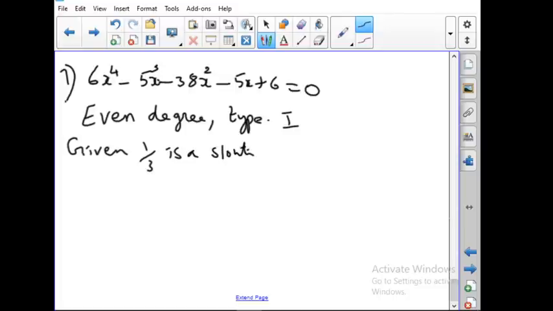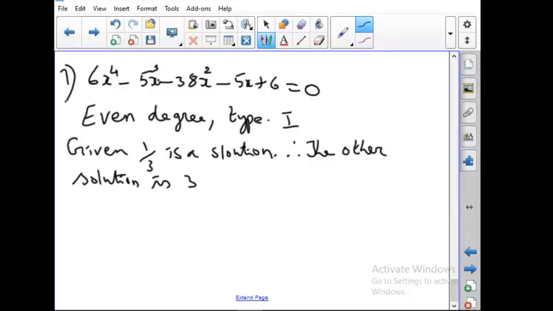So what is the other solution? So therefore the other solution is 3. Reciprocal of 1 by 3, that is 3.